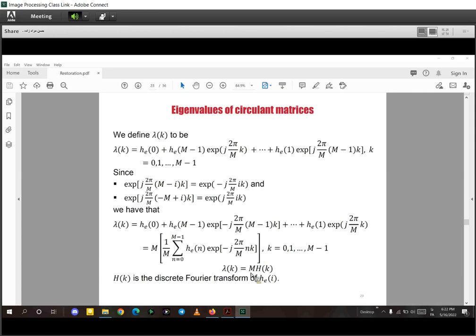That means this eigenvalue y(k), this item, and all of this item is h(k). y(k) is m h(k). A is the DFT of h small i. H small i was the impulse response, and for example, we say in time, this is the frequency response of the system.